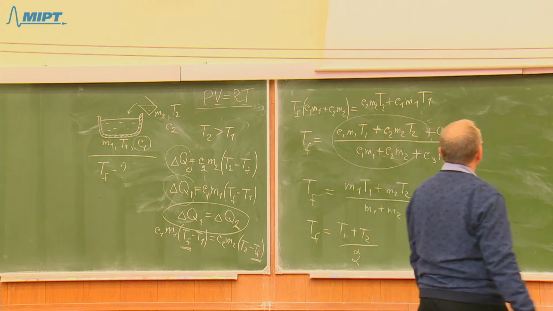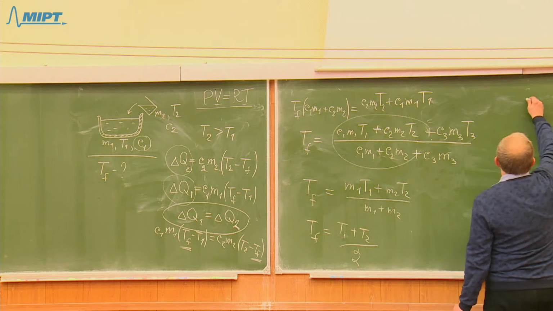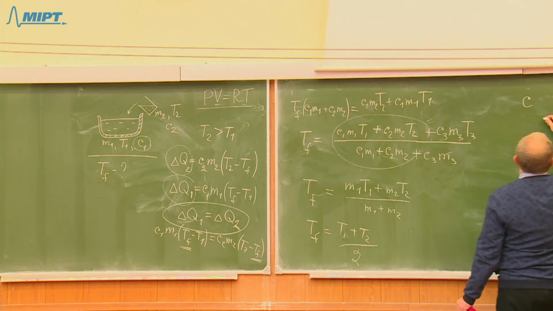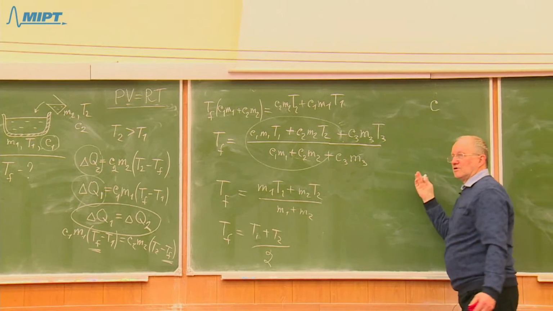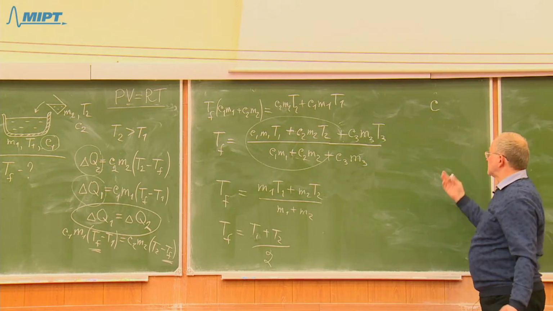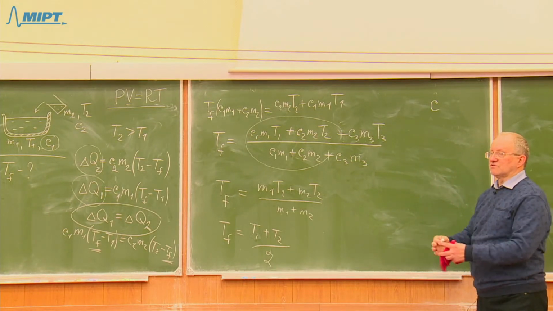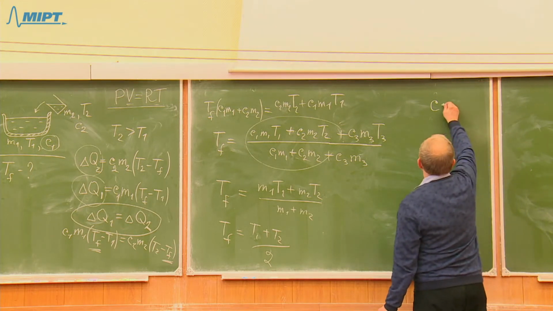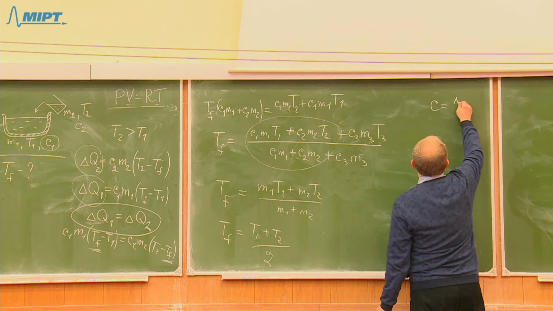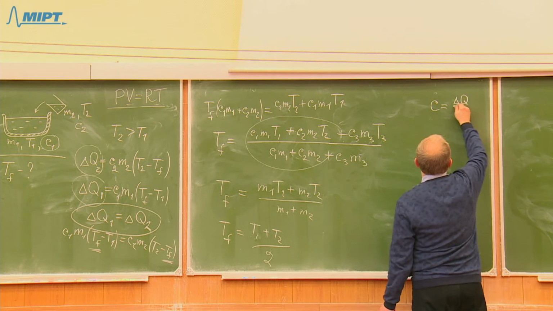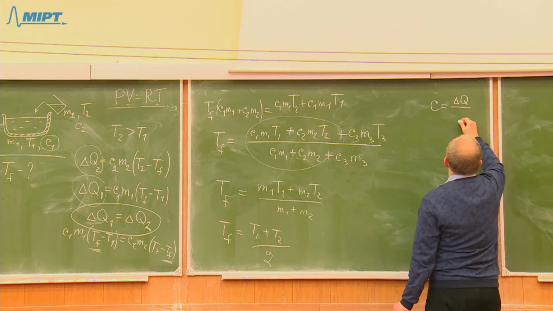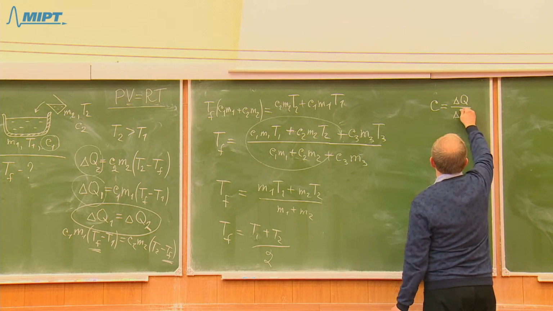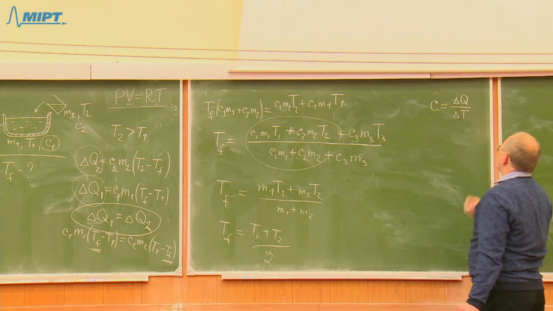So by definition, specific heat for any object, be it an ideal gas or some amount of water or solid body or anything, specific heat, by definition, is the amount of heat energy needed to increase the temperature by 1 degree.